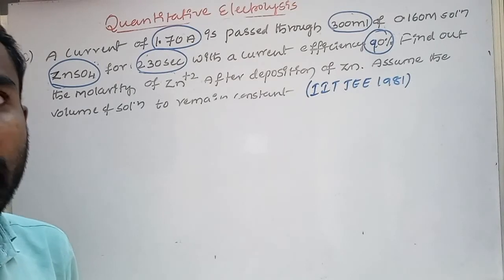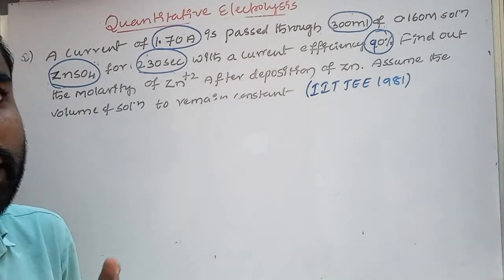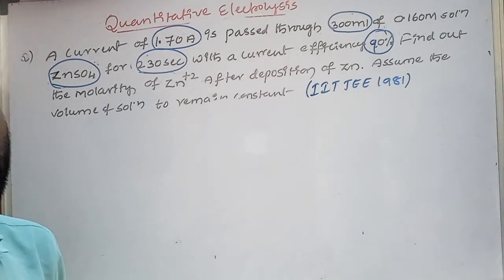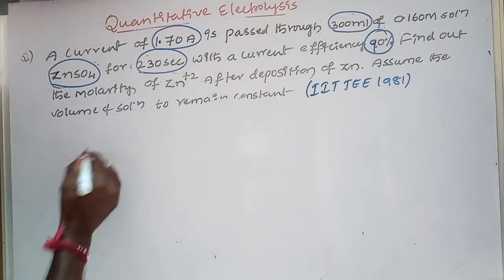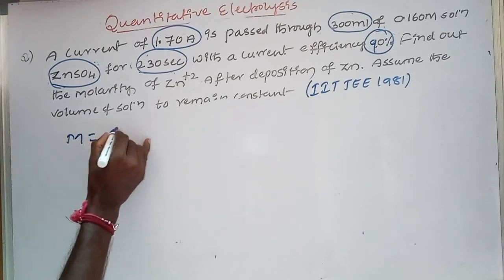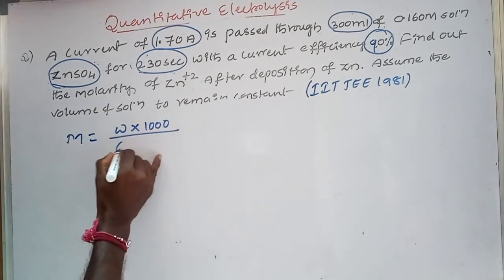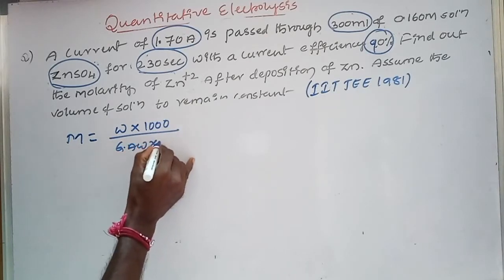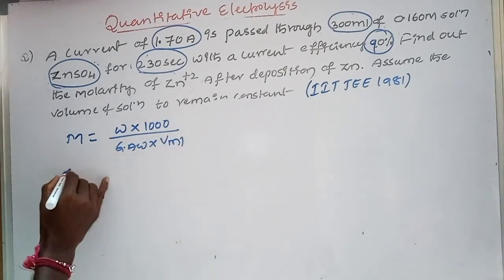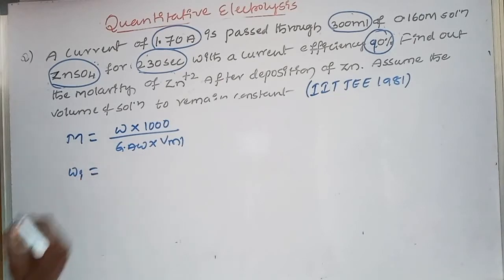Then we will get the final weight of the Zn+2 in the solution, and with that we can calculate the molarity of the Zn+2. So what is the formula? Molarity equals weight into 1000 by gram atomic weight into volume in milliliter.